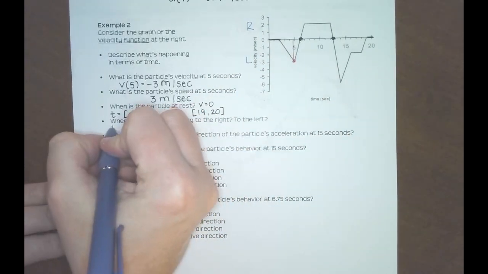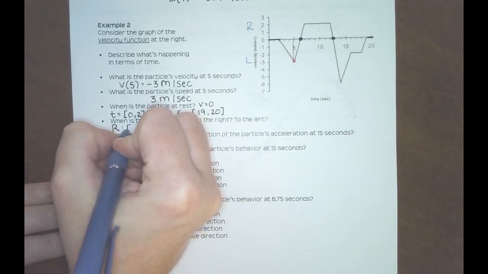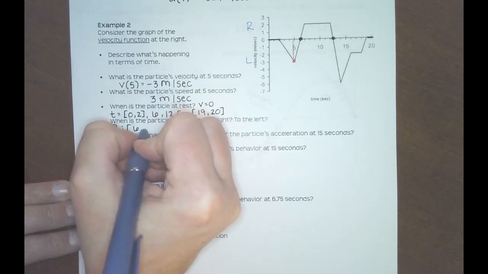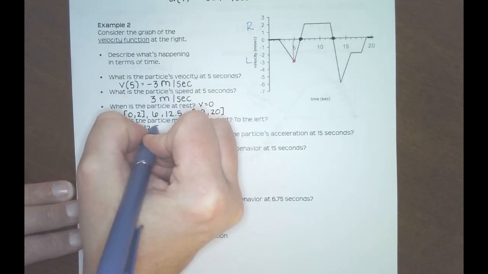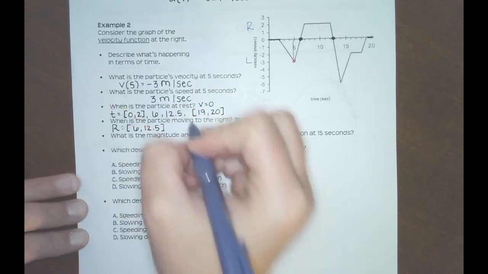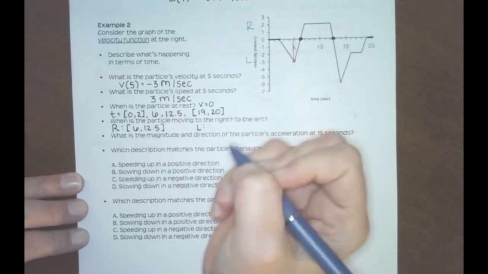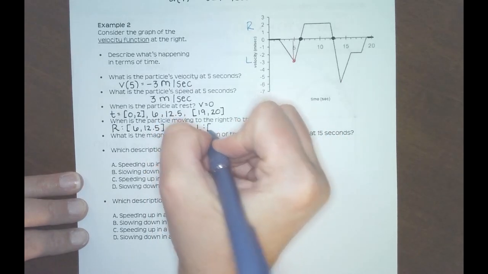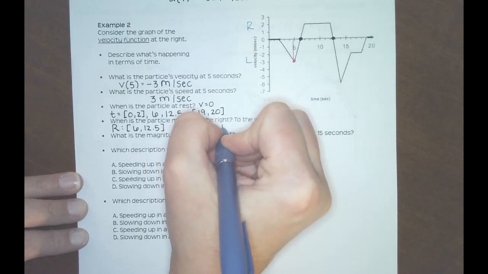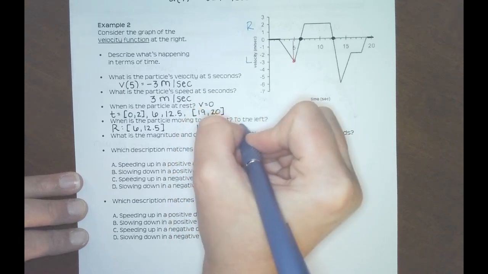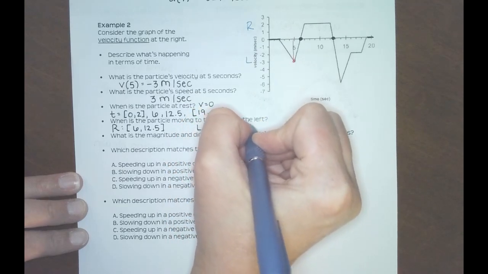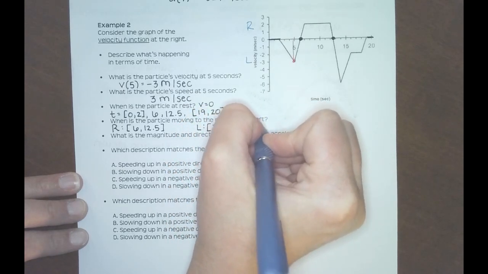So I would say I'm moving to the right from 6 to 12.5 seconds. And I'm moving to the left essentially everywhere else. So I'm going to say from 2 to 6, and then again from 12.5 to 19.